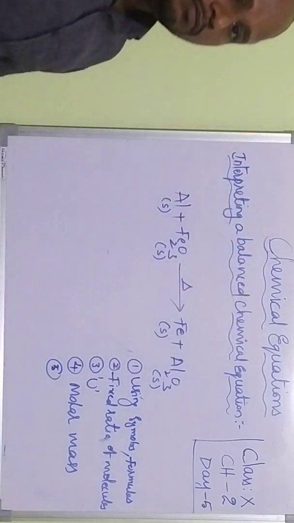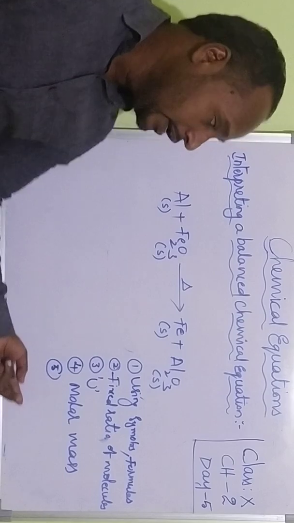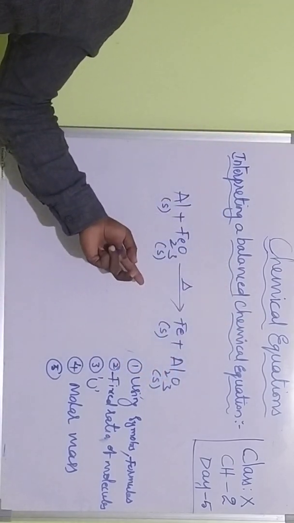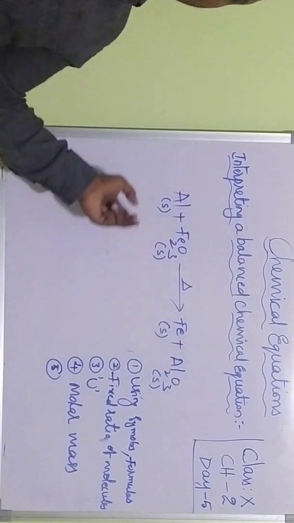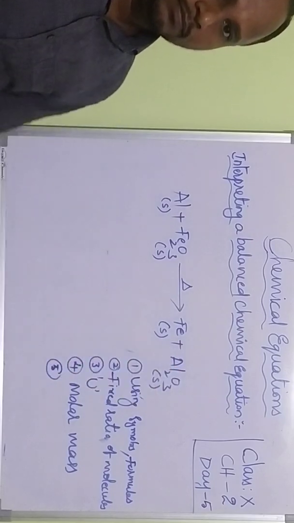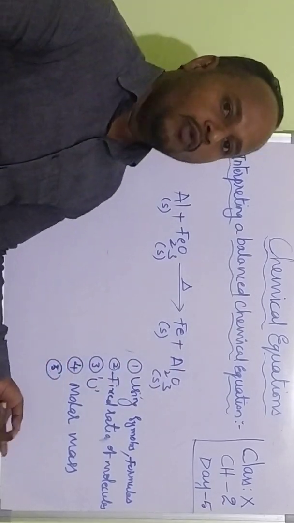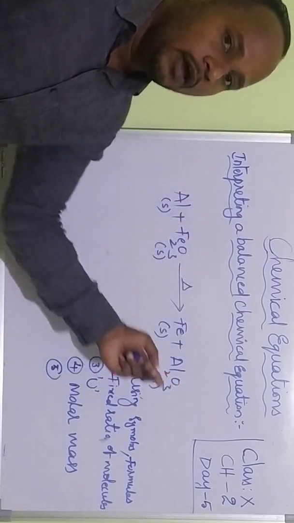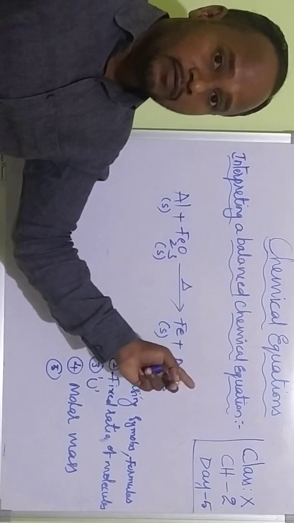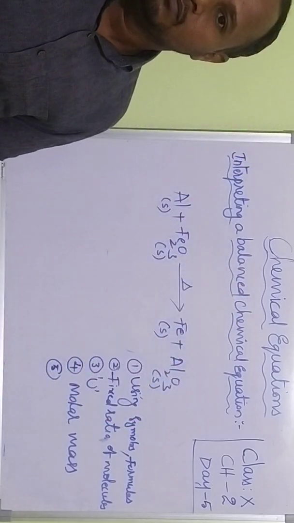Using molar mass values and Avogadro numbers, we can exactly know how many molecules or how many atoms of the molecules of different substances are present in the chemical reaction. Understand?